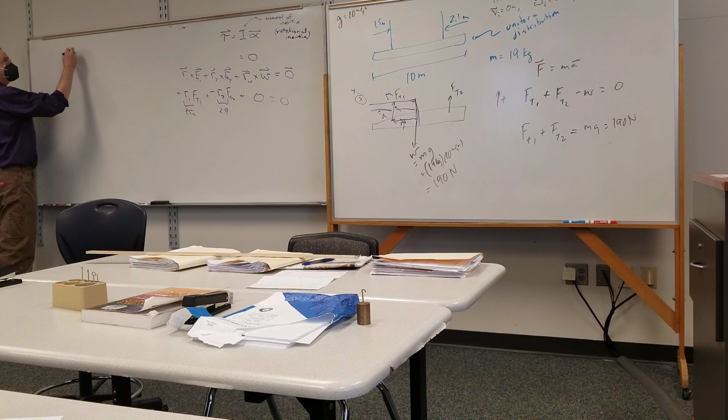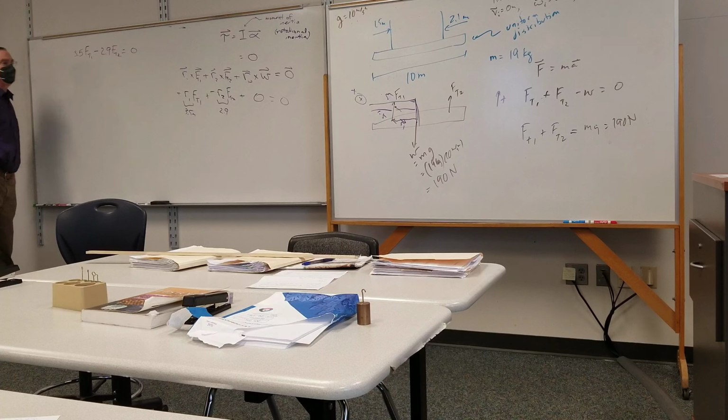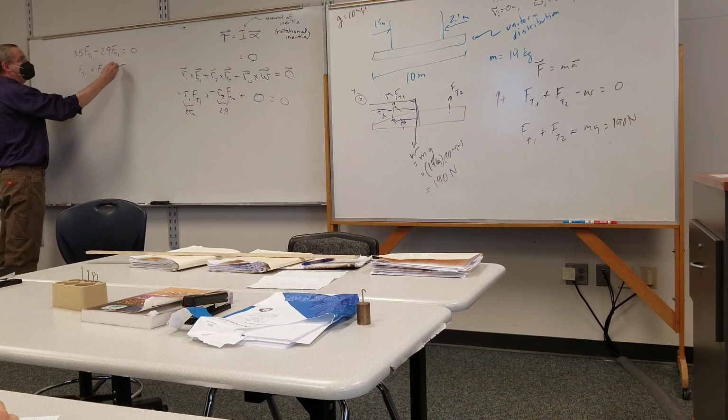So we have 3.5 times FT1 minus 2.9 times FT2 equals 0. And from over there, we have FT1 plus FT2 is equal to 190.